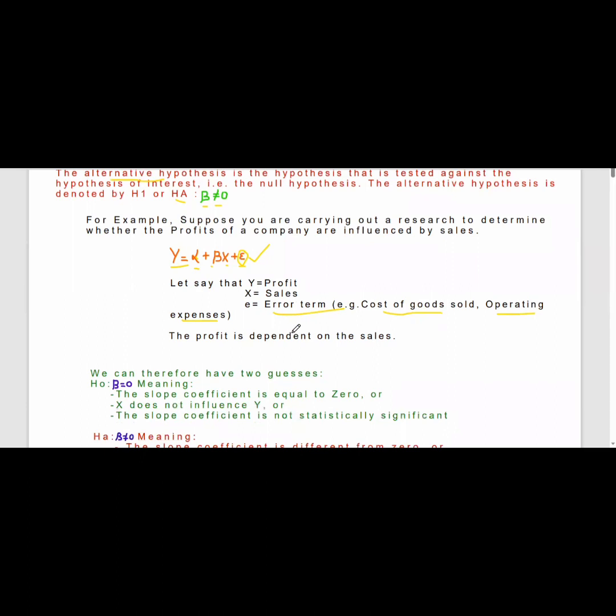So with this example, what hypothesis can we make? The null hypothesis is denoted by H0, where the beta coefficient is equal to 0.